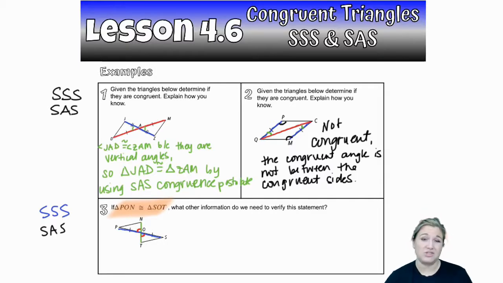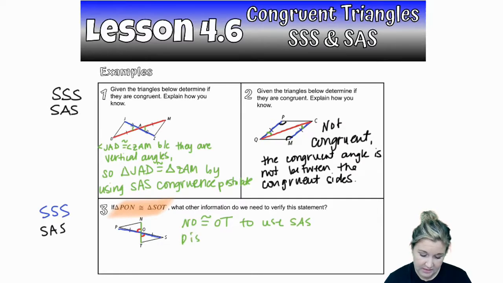So I could word this two different ways. I can either say I need NO to be congruent to OT to use the side angle side, or I could say that O is the midpoint of NT.